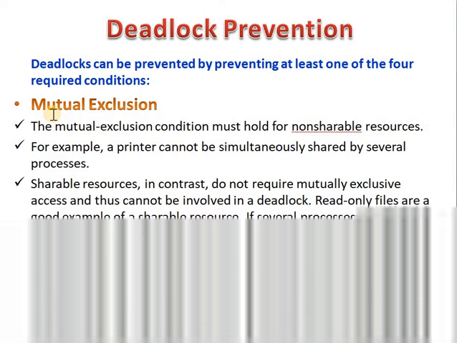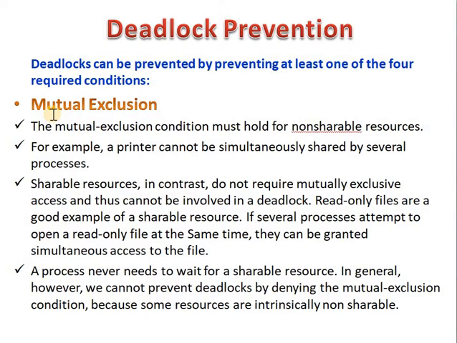If several processes attempt to open a read-only file at the same time, they can be granted simultaneous access to the file. Here a process never needs to wait for a shareable resource.